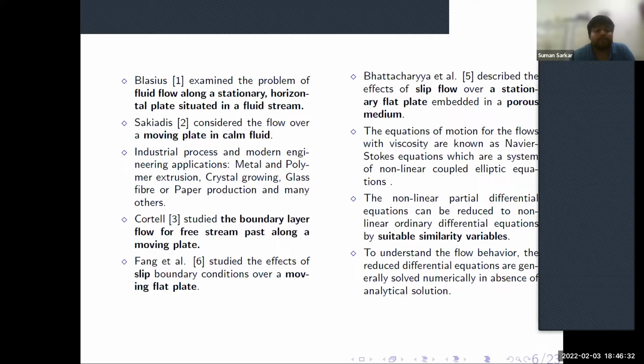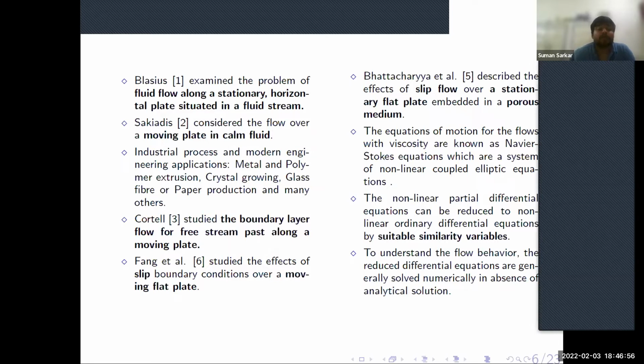This type of problem has been extended by various researchers by adding various physical phenomena such as magnetic field, porous media, and non-Newtonian fluid behavior. Cortell combined both the Blasius and Sakiadis problems by considering boundary layer flow for a free stream passed along a moving plate.